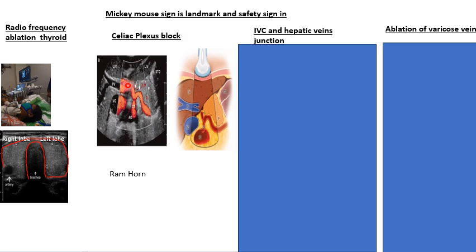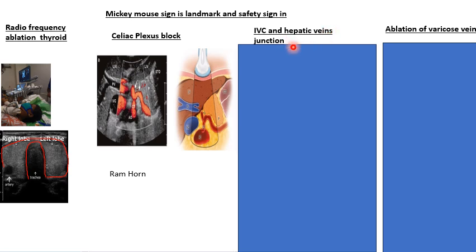Similarly, this is the schematic diagram, and this is not the right answer. A Doppler has been added to the ultrasound because vessels are very close here. You add a Doppler, you'll know exactly where your celiac plexus is. And you give celiac plexus block in chronic severe abdominal pain. Classic example is in pancreatitis for pain relief.